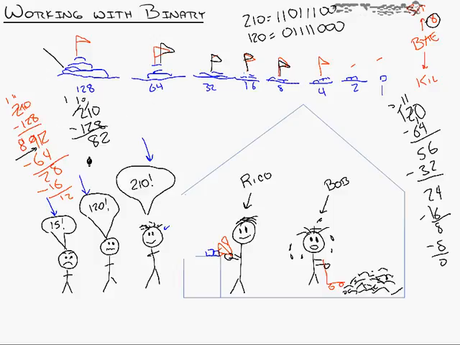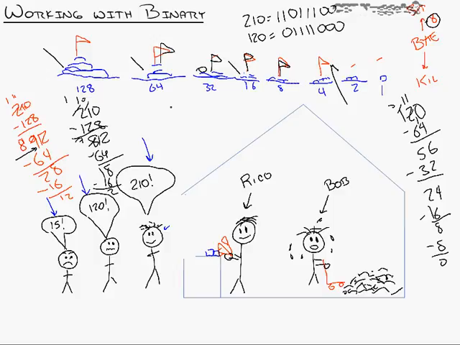So 82 minus 64. I feel silly right now. 18, right? So no 32s. 16. Am I on the right track here? Hang on. I am. Okay. Sorry, I had to look at the calculator to make sure I had that funny wrong feeling. So 18 minus 16 is 2, so our last flag goes in the 2.